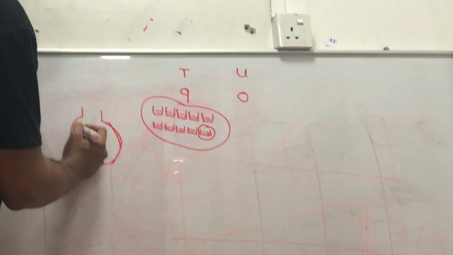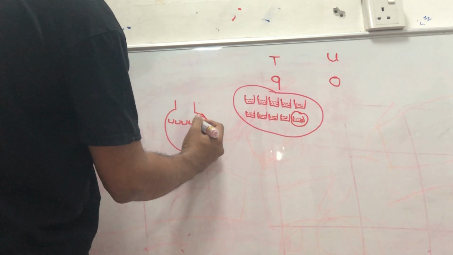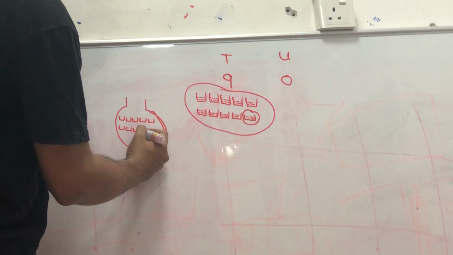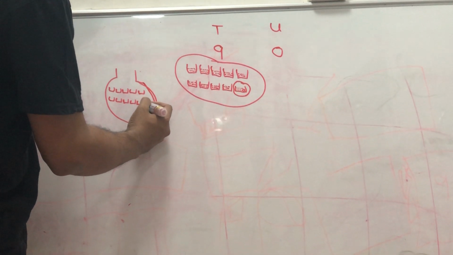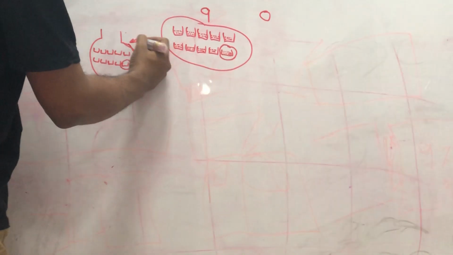Now they will all move here. So here's 1, 2, 3, 4, 5, 6, 7, 8, 9 and 10. This is the new one. See, they all move into this pot.